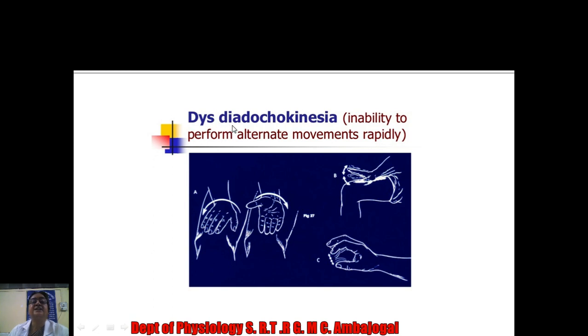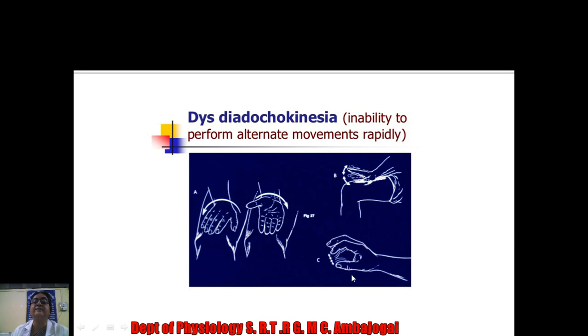Clinically important features due to this loss of coordination are adiadochokinesia, also called dysdiadochokinesia, meaning inability to perform alternate movements rapidly, here alternate supination and pronation. If you ask the subject to do alternate supination and pronation fast, the person is not able to, due to the loss of coordination.